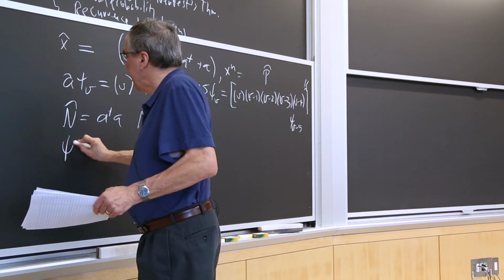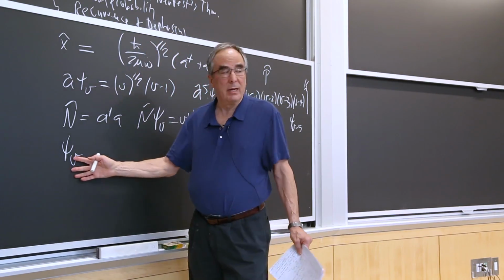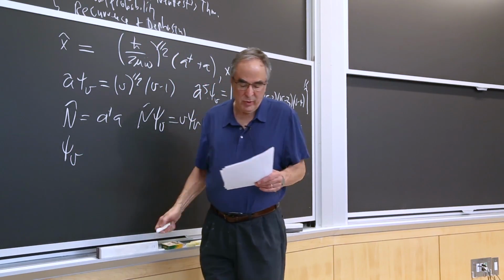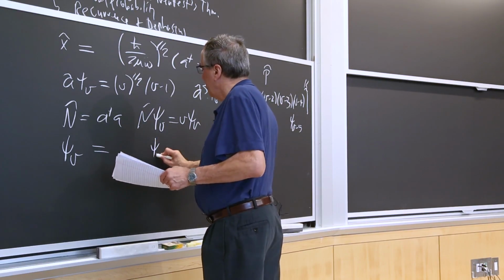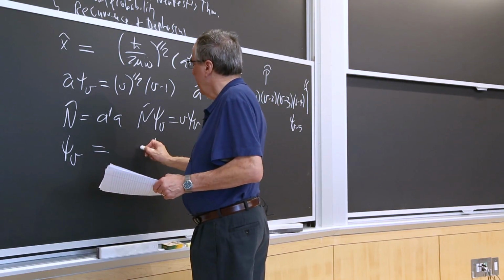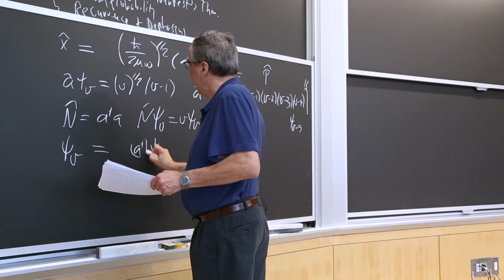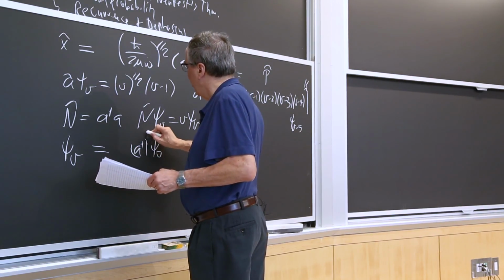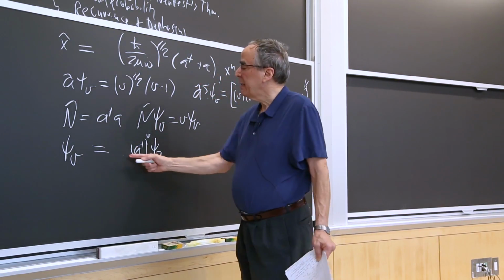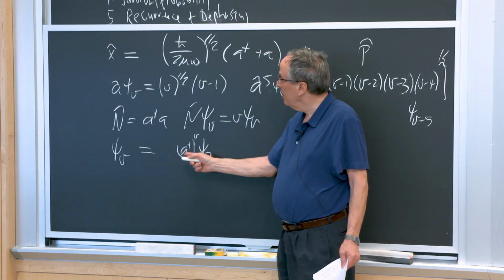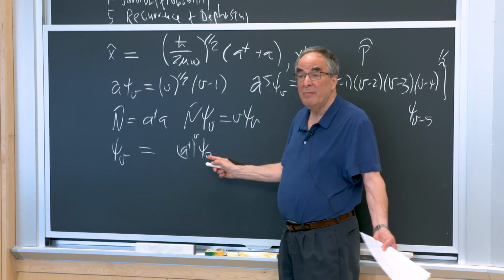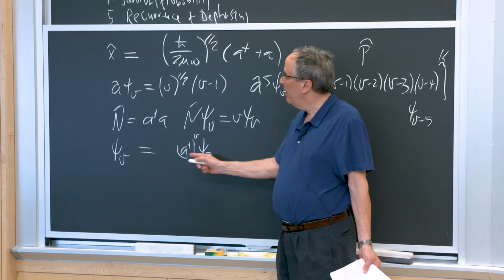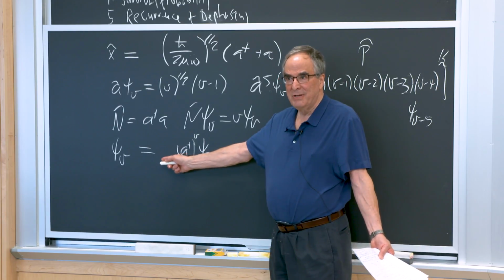If we want any harmonic oscillator function, we can operate on psi 0 with A dagger to the v power, and then we have to correct, because you know that operating v times on this will give psi v, but it'll also give a bunch of garbage, right?